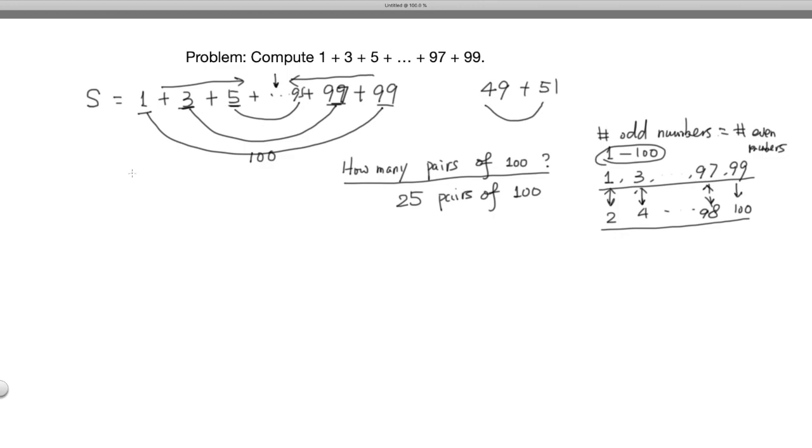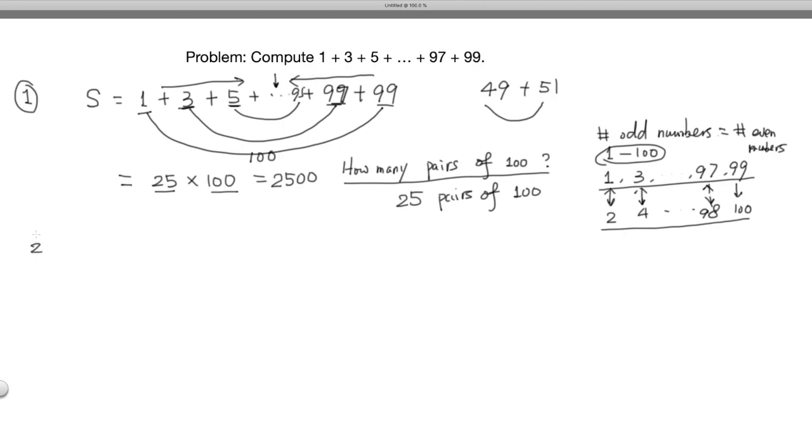So the total sum S is going to equal 25 times 100, which equals 2500. So this is the first way of solving this sum of all the odd integers from 1 to 99.